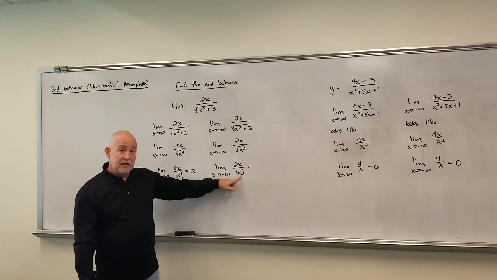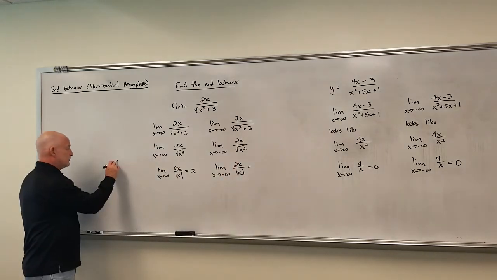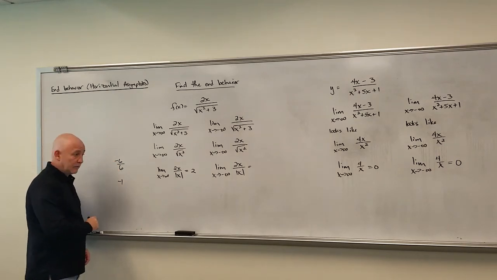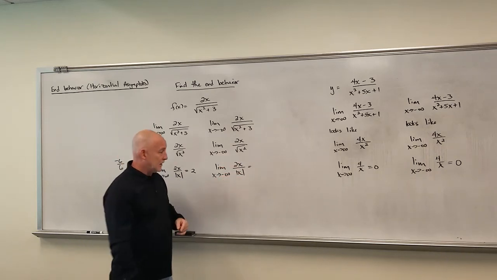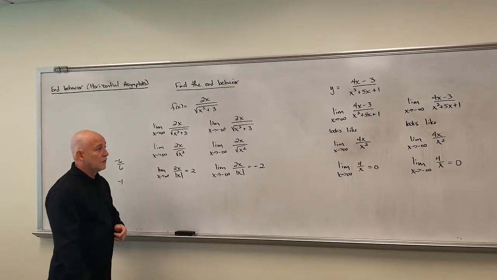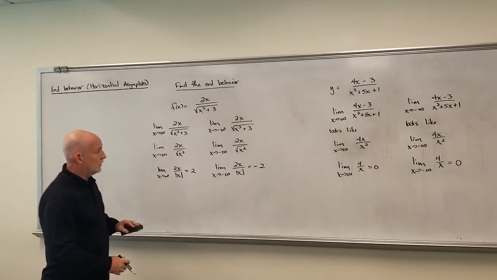But the bottom, we're taking the absolute value of it, which means it's the positive value, and the top is the negative. So it's like negative 6 over 6, which of course is just negative 1, right? So this x over the absolute value of x is always going to give me a negative 1, which gives me a negative 2.